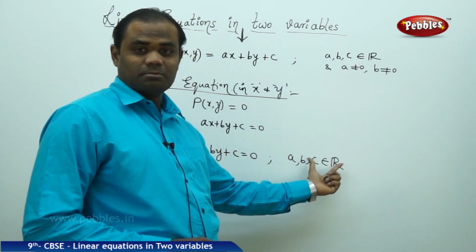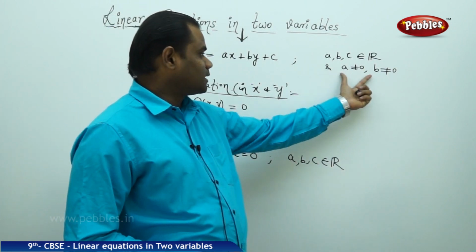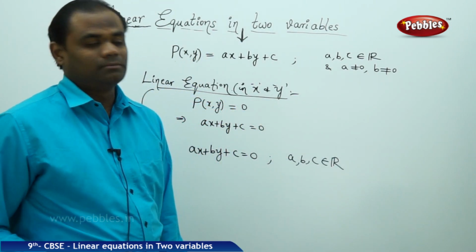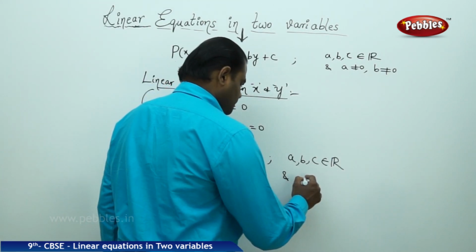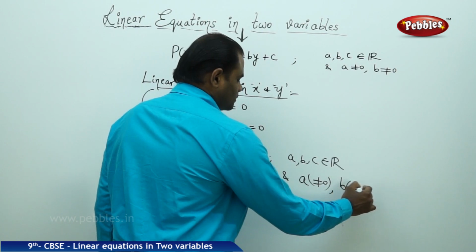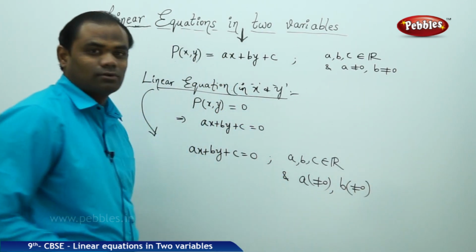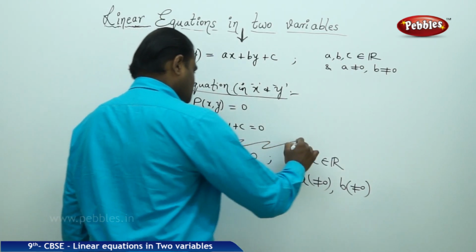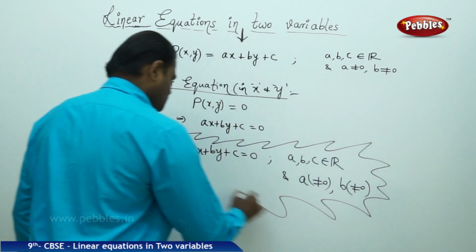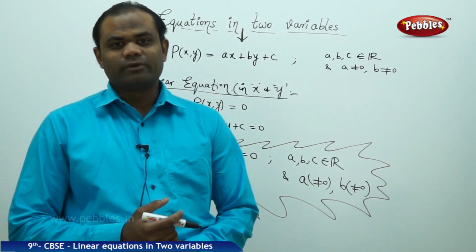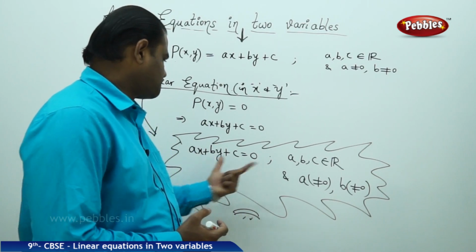So a, b, c must belong to real numbers, and the second condition is that a and b should be non-zero real numbers, and a not equal to 0 and b also not equal to 0 is how I define the linear equation in two variables x and y.